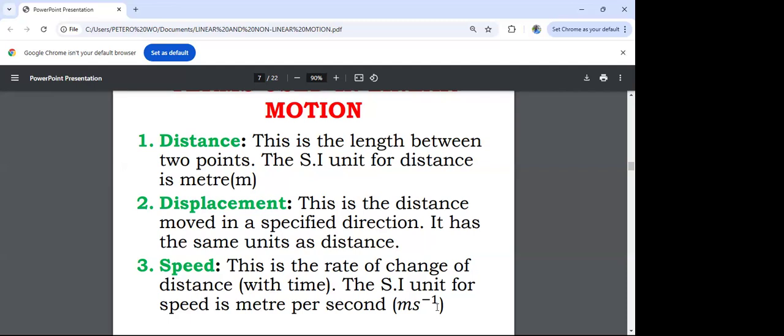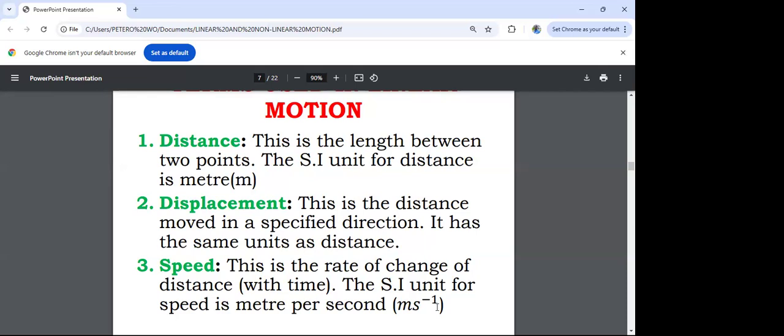But for safety, we will define it as the rate of change of distance with time, so that all of us know that whenever distance is changing with time, then what they have defined is speed.